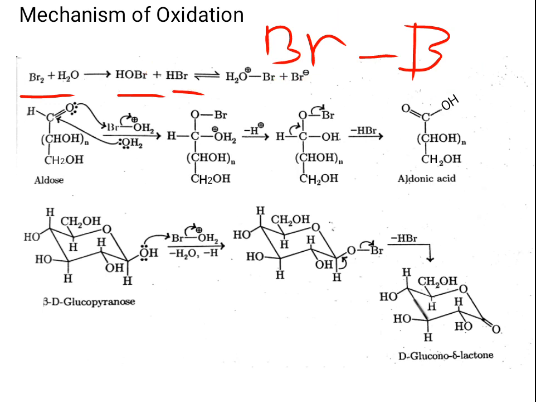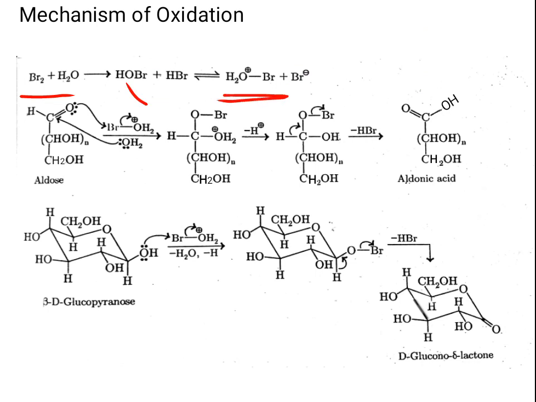So after this, oxygen will take up another proton and this will form this. Now this carbonyl group, this oxygen can attack this Br, because this has become a good leaving group. So now just follow the reaction mechanism.